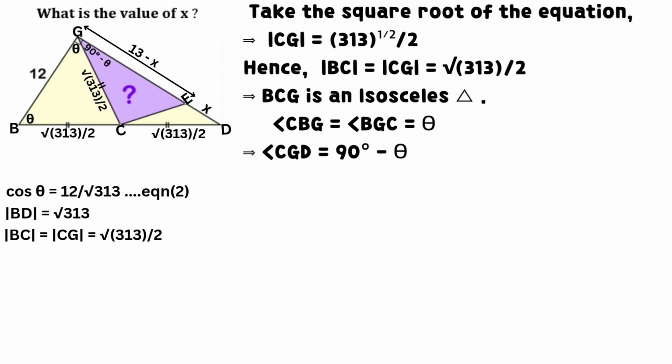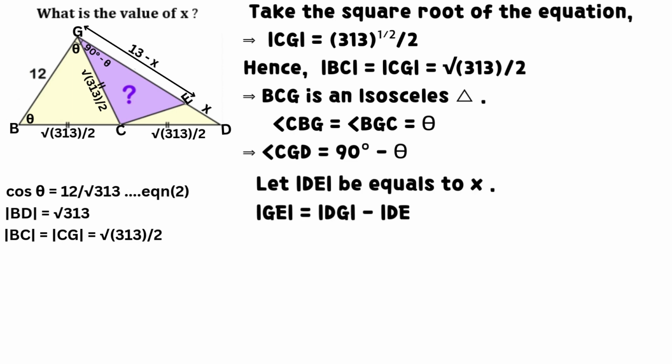This implies that angle CGD equals 90 degrees minus θ. Let line DE be equal to x. Line EG equals line DG minus line DE, which equals 13 minus x.